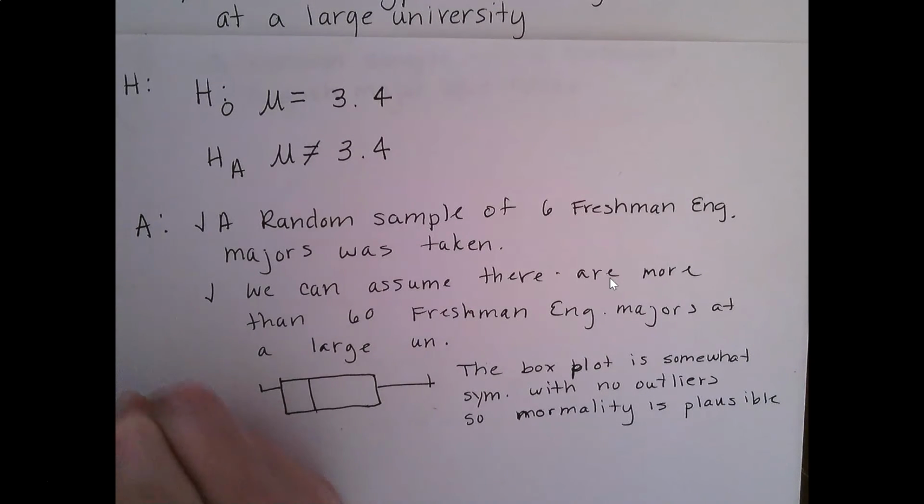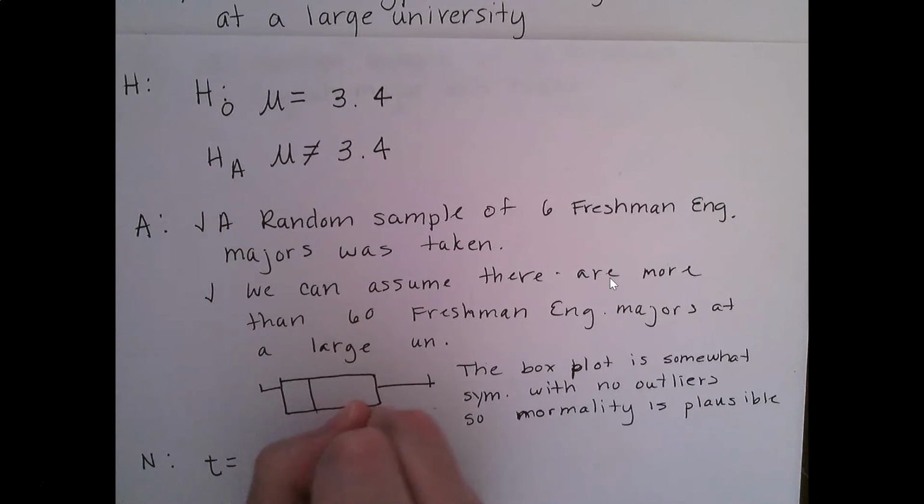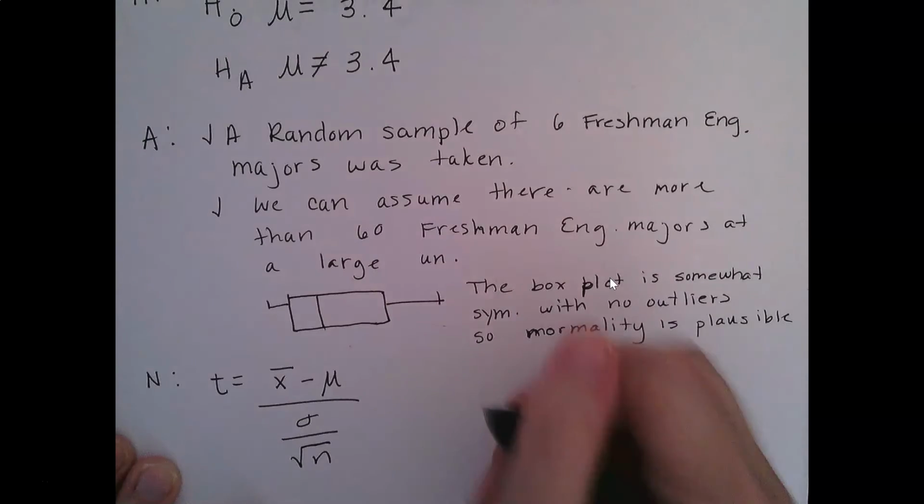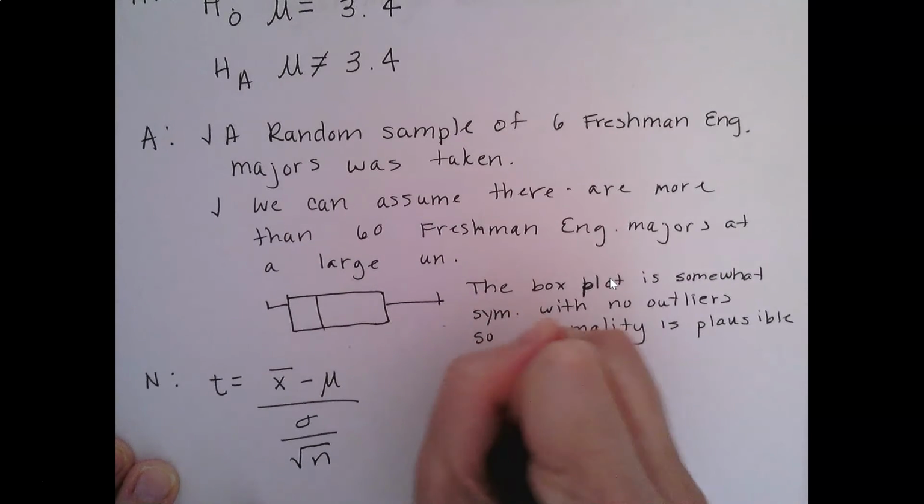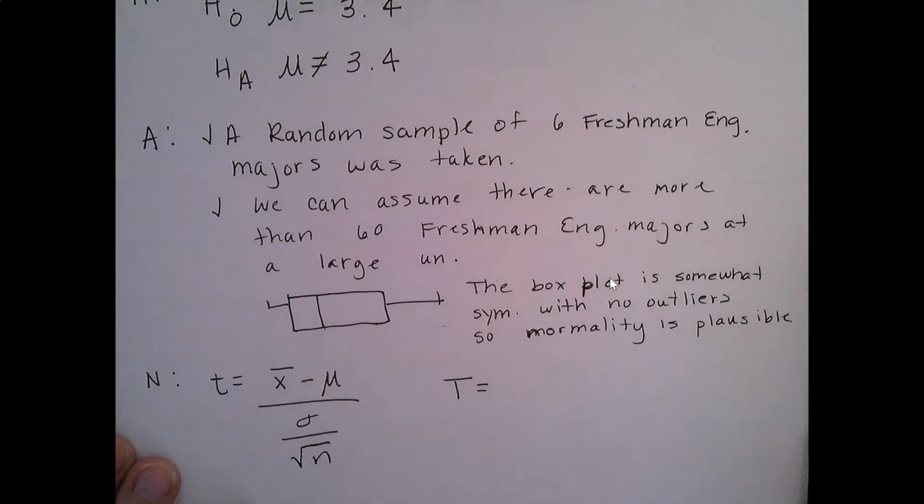So then I need to go to my n. I'm going to say that t equals x bar minus mu. Just put my formula. For our test statistic, we don't know what some of these are, so I'm going to need to put them in.